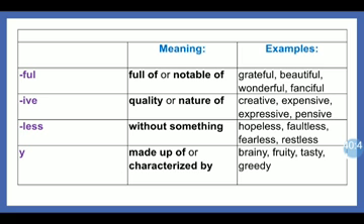So for example, brainy. That means you have a lot of brain, or intelligent. Fruity, made up of fruits. Tasty, this would be characterized by taste, so it is tasting good. Greedy.